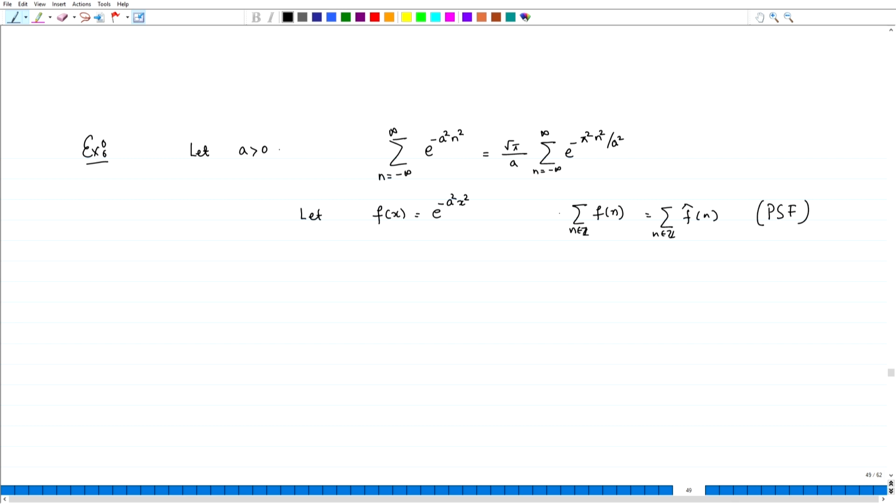Now the left hand side, summation over n of f of n, is nothing but the left hand side quantity. So now what essentially we need to find is f hat of n.